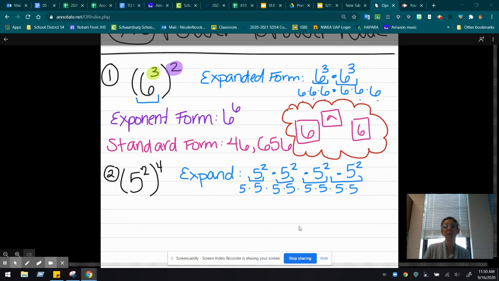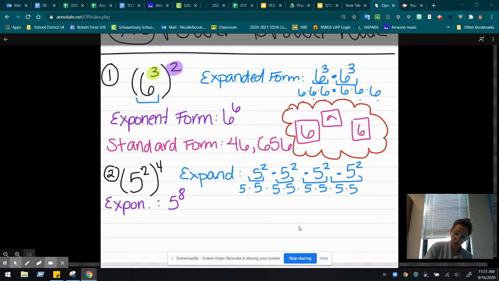This expanded form can then lead us into the exponent form. So I'll abbreviate again, exponent form. Now, as I'm looking at my fives, I have 2, 4, 6, 8 fives. So that would be represented as 5 to the 8th power, 5 times 5, 8 times.